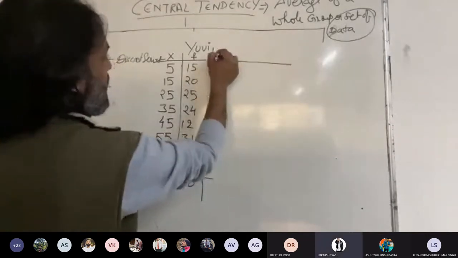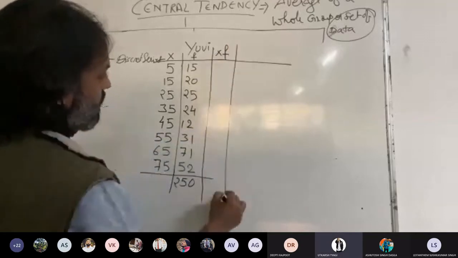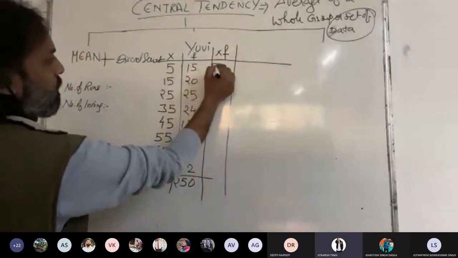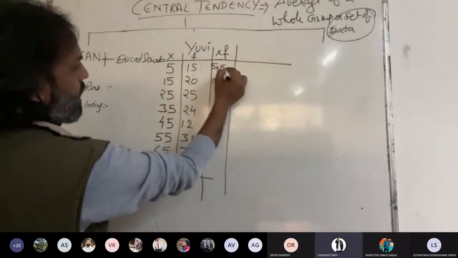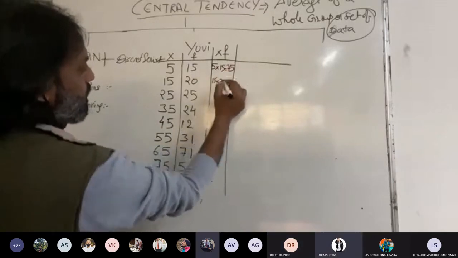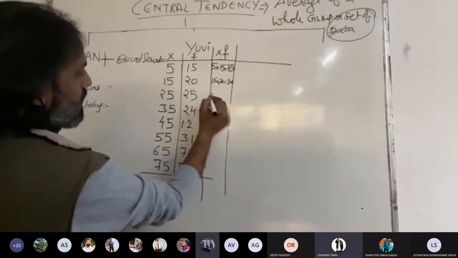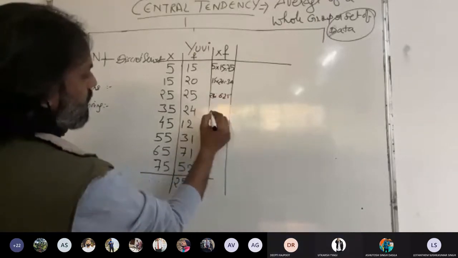His score is Fx, X into F. X into F means 5 into 15, 75. 25 into 25, 625.